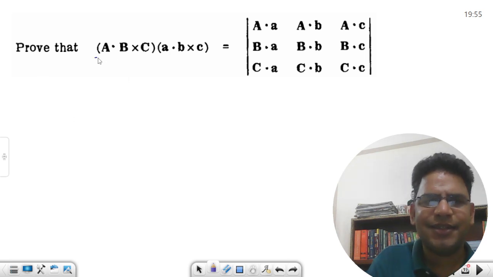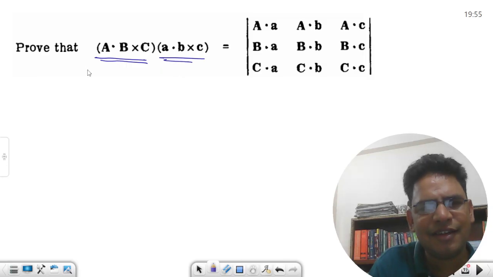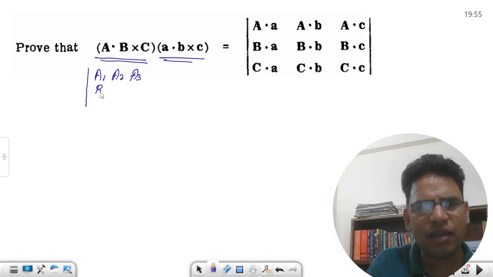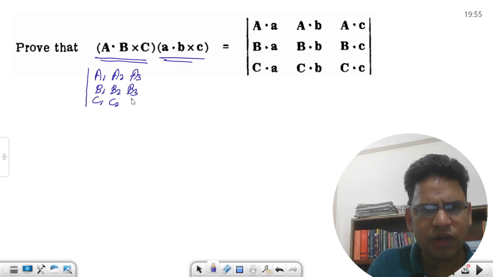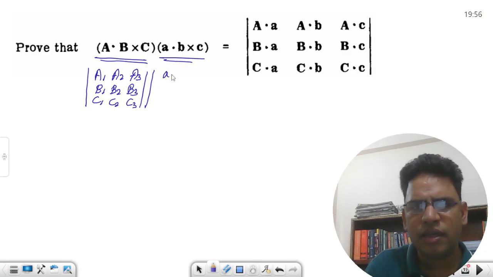Okay, so write this in the format of a determinant. A1, A2, A3, B1, B2, B3, C1, C2, C3. Let's say these vectors are A1, A2, A3, B1, B2, B3, C1, C2, C3, small.